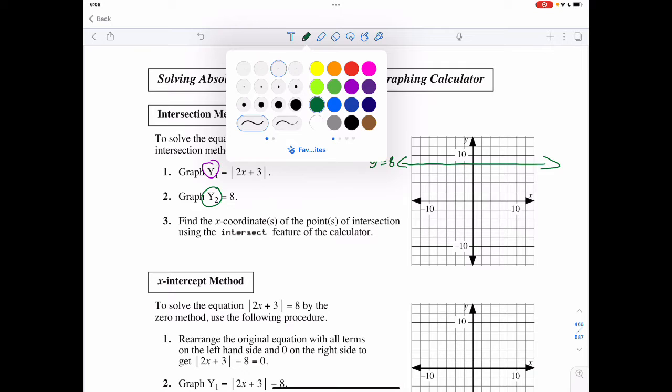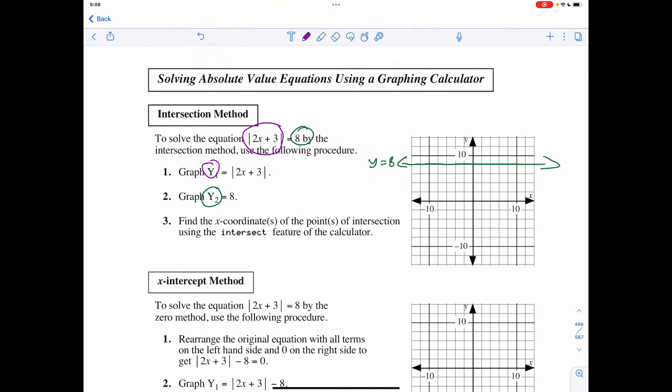When I'm graphing out that absolute value, the 2x plus 3, then it's going to look something like this. Oh, sorry. Every single line is going to be 2. So it's actually going to look something closer to this.